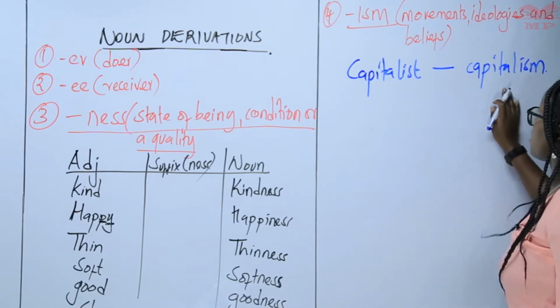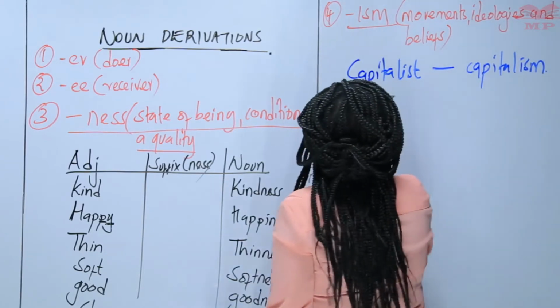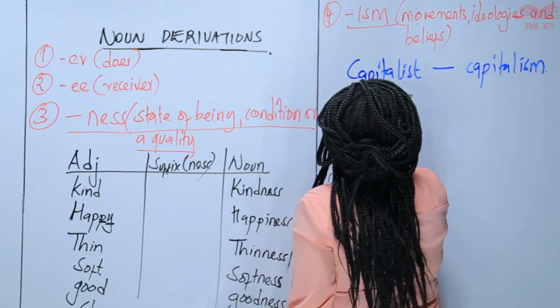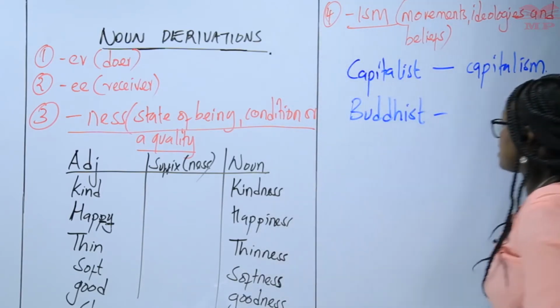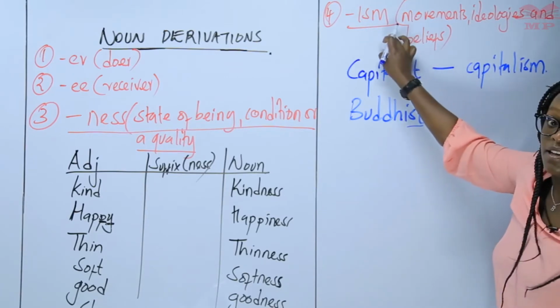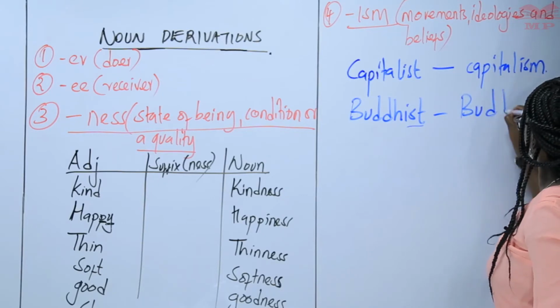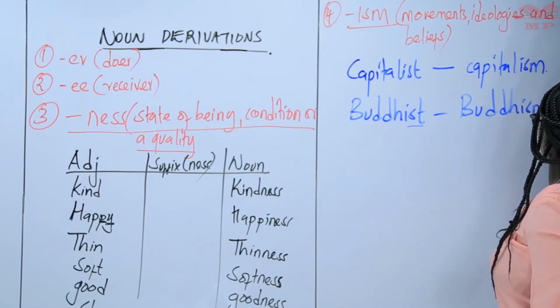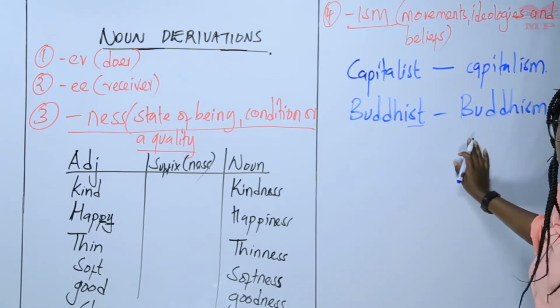So this now is a movement, capitalism. When you also look at another word like Buddhist, when we replace this with the suffix ism here, we form a noun which says Buddhism. And Buddhism is a type of religious movement.